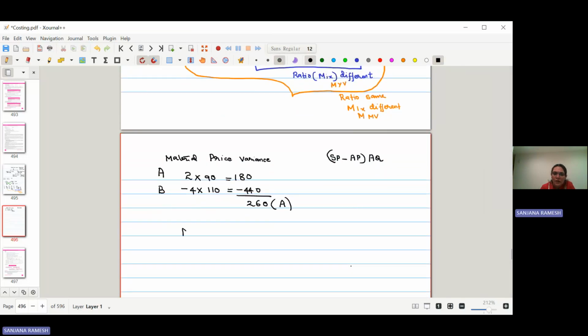Next is material usage variance. So the formula is standard quantity minus actual quantity into standard price.